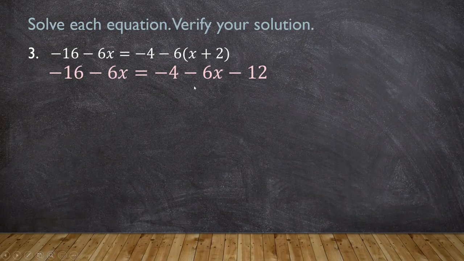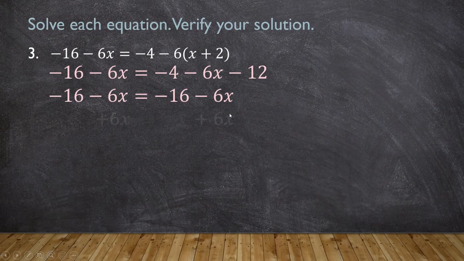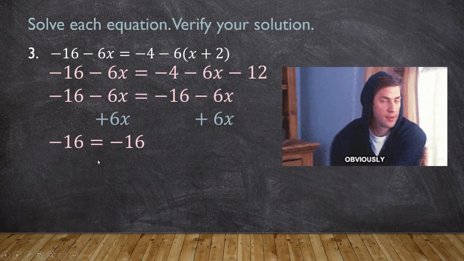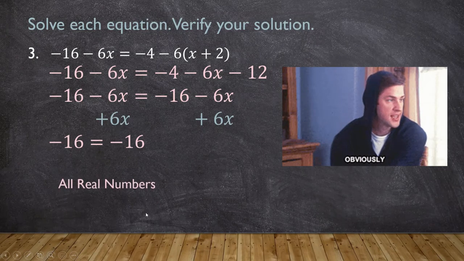We have -4 and -12 on the same side, so we combine them to get -16. We do have a variable on both sides, so we would add 6x to both sides. Again, the variable cancels out on both sides. We're left with -16 equals -16, which is a true statement. So the answer is all real numbers.